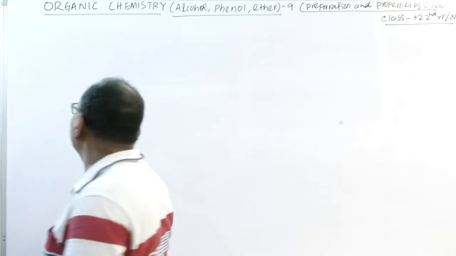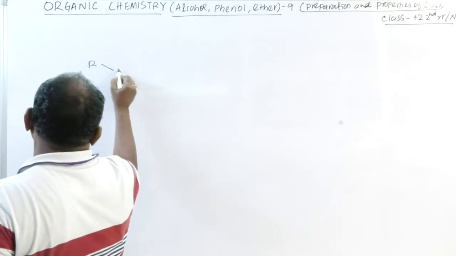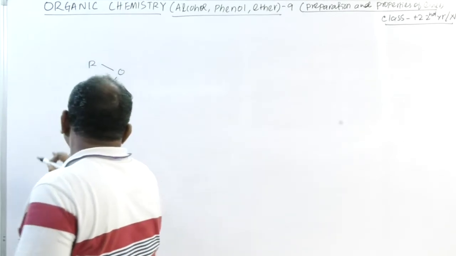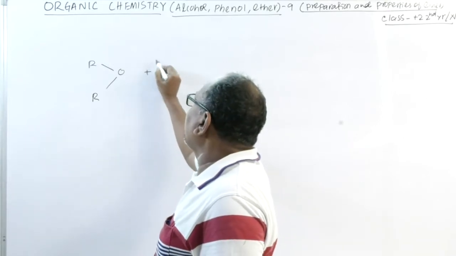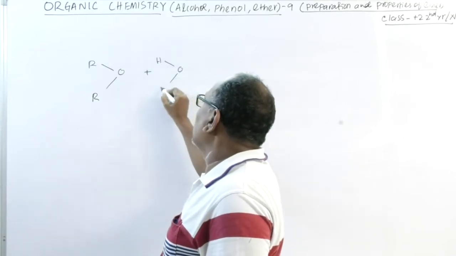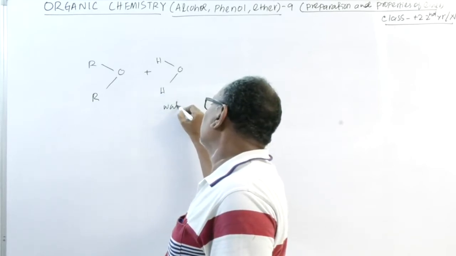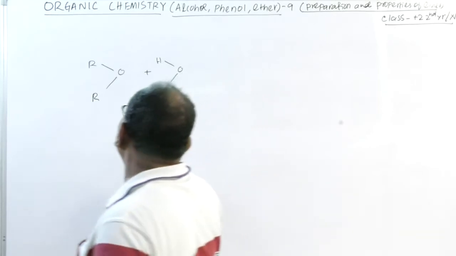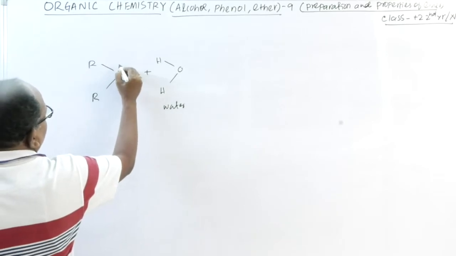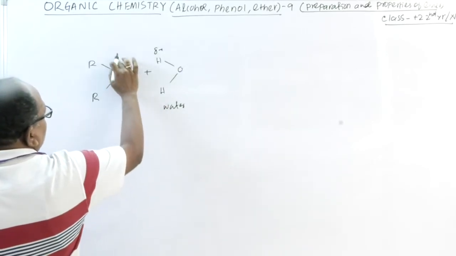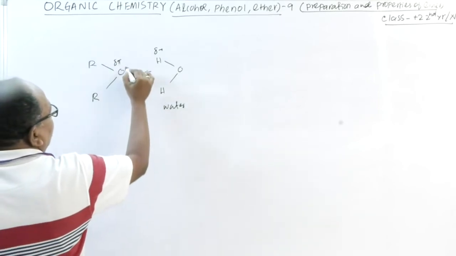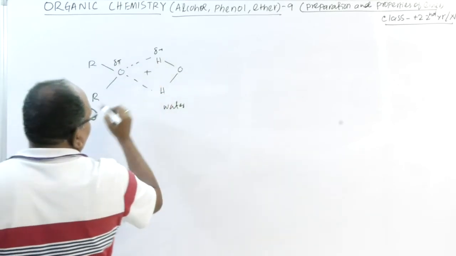So this is your ether. You know, ether has an angular shape, and water also has an angular shape. As a result, this oxygen has partial negative charge and this hydrogen has partial positive charge, and this will form a hydrogen bond.